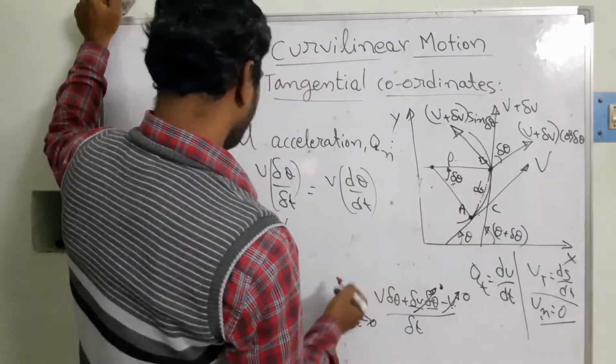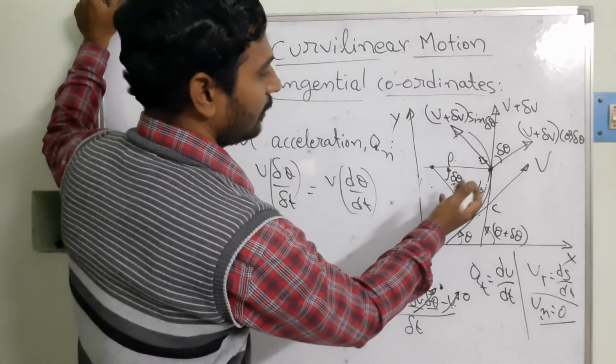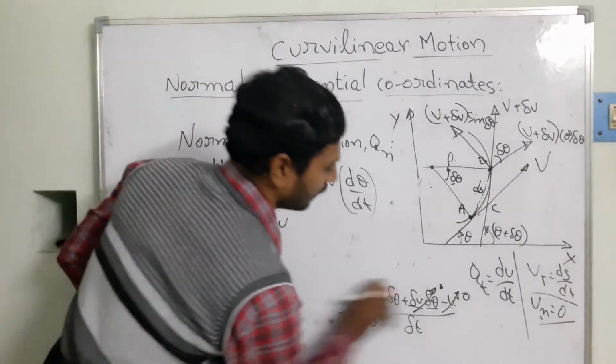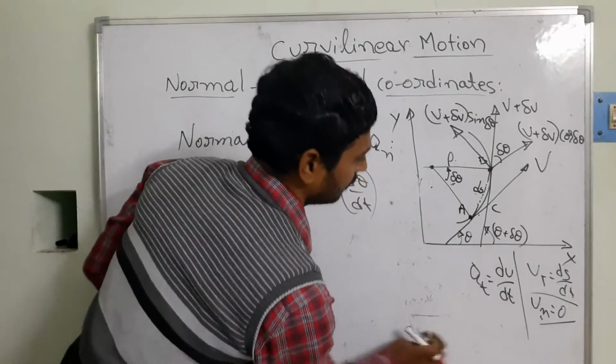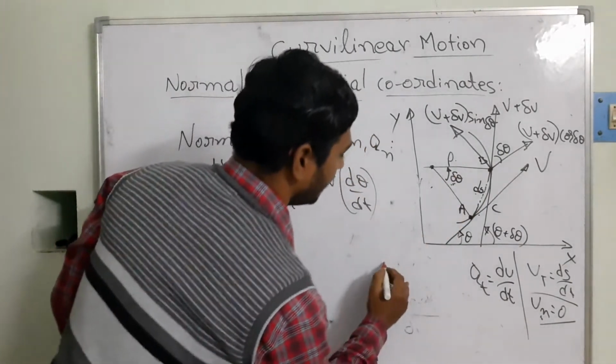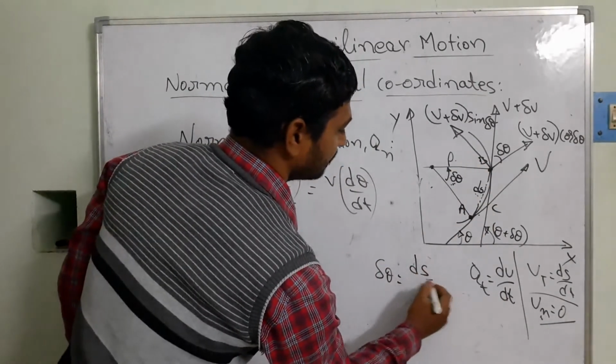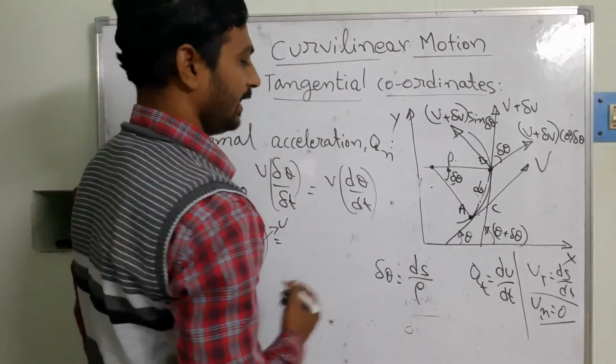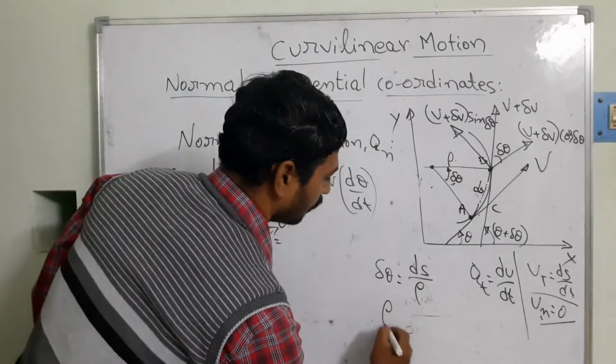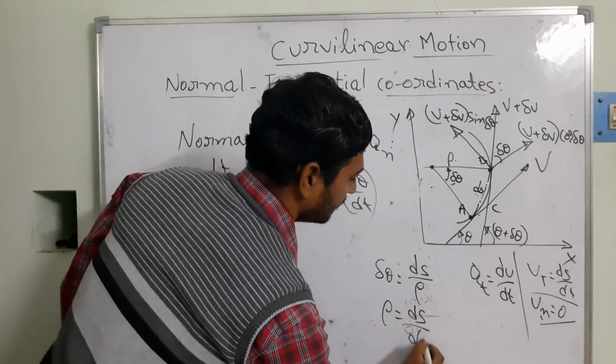So from this one, the Δθ, if I am going to be taking, so from that simplification for your understanding here, I am going to be taking Δθ is equal to ds by rho, and this is going to be rho is equal to ds by dθ.